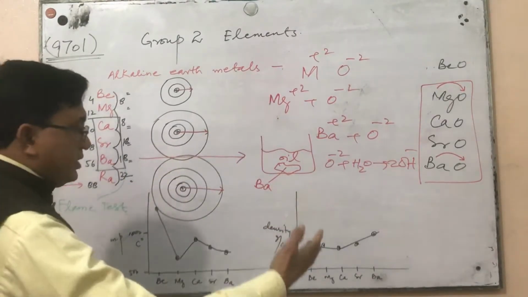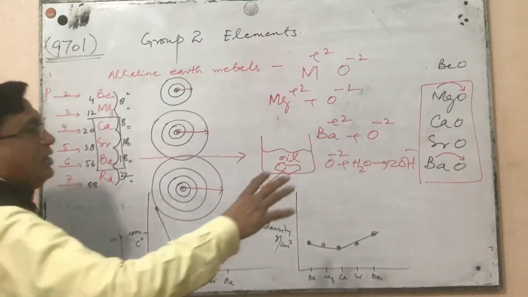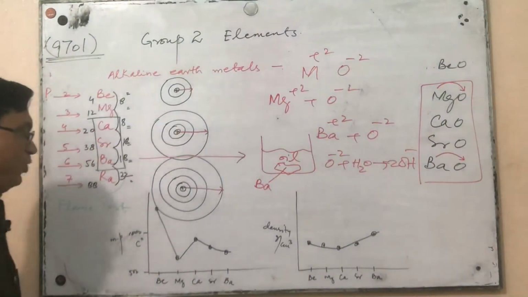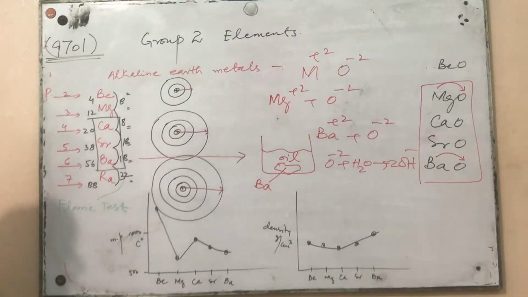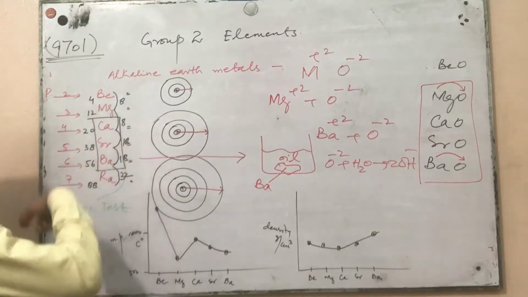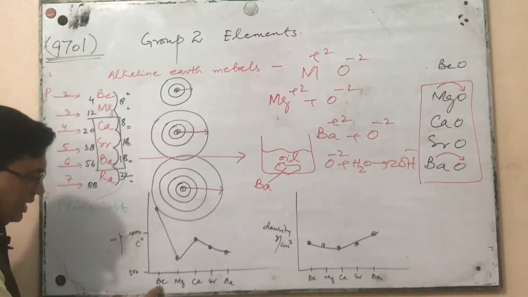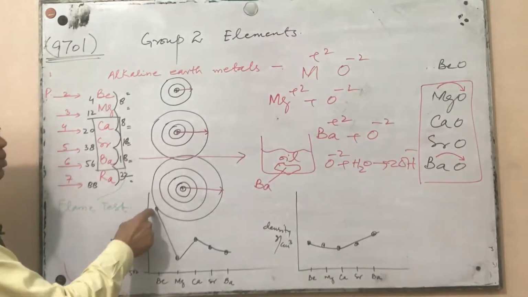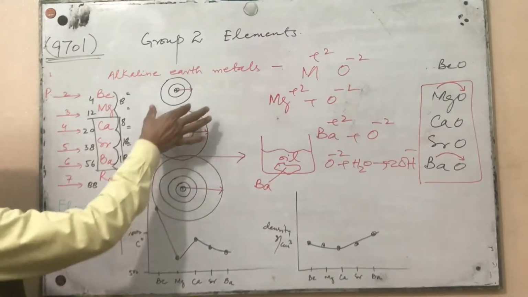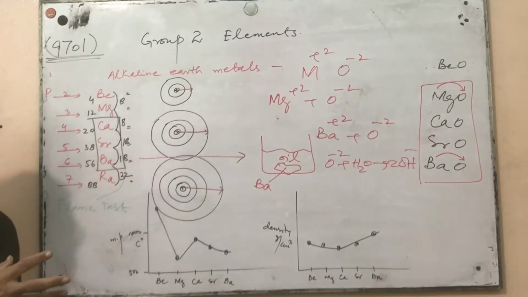This trend is also quite visible. Now, if we consider these two graphs, if we consider the melting point of these elements, first of all, remember, the melting point of beryllium is maximum. Why? Because the size of beryllium is very small.